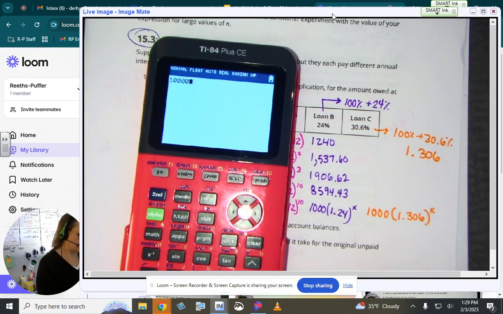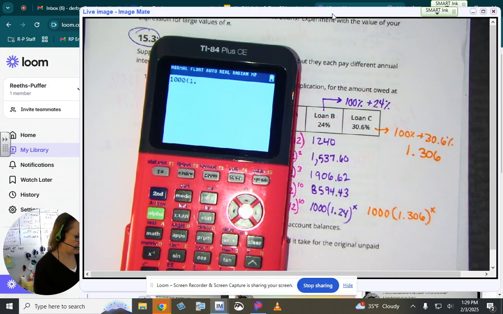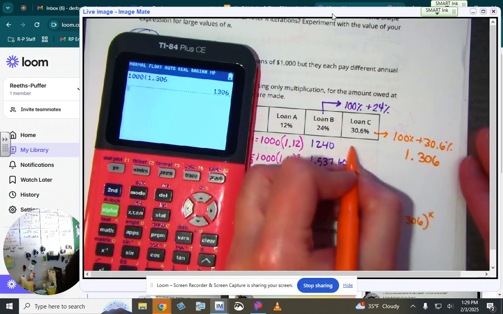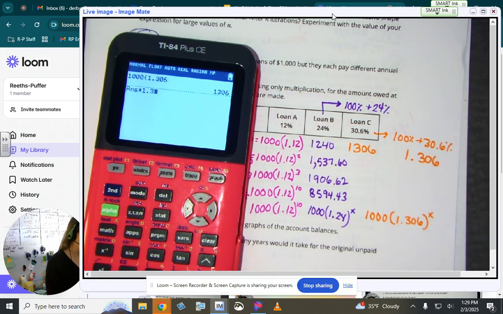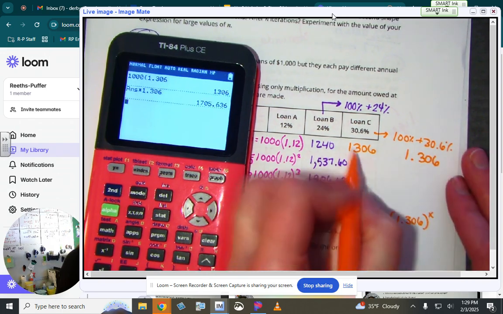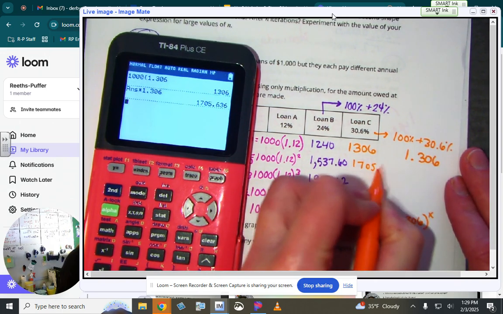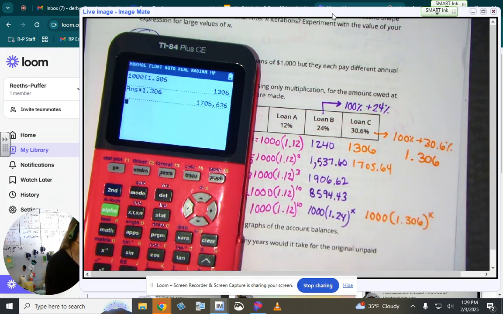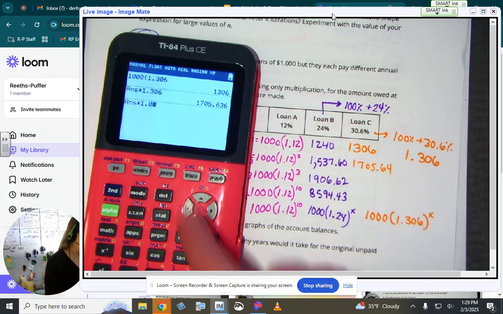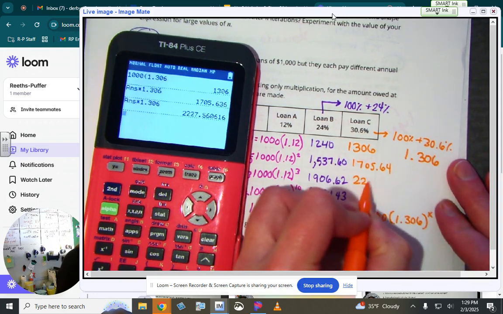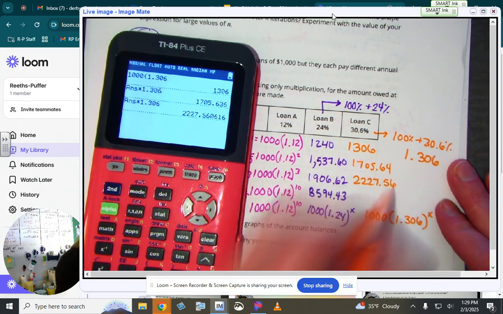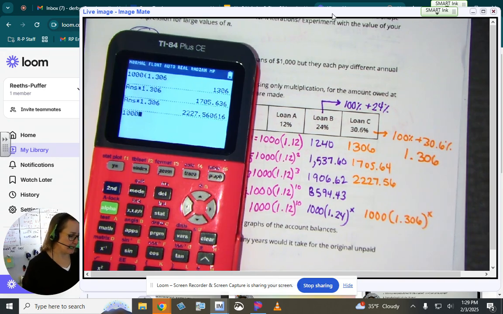That $1,000, 1.306, $1,306 times 1.306 again, times 1.306 again, and then to the 10th power.